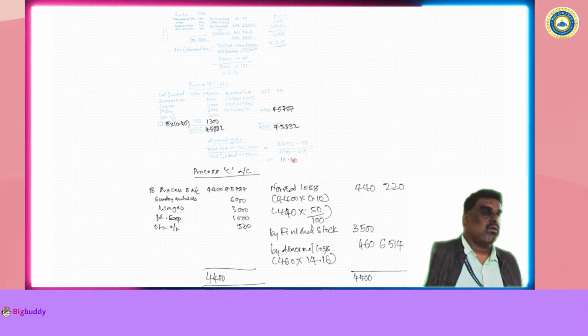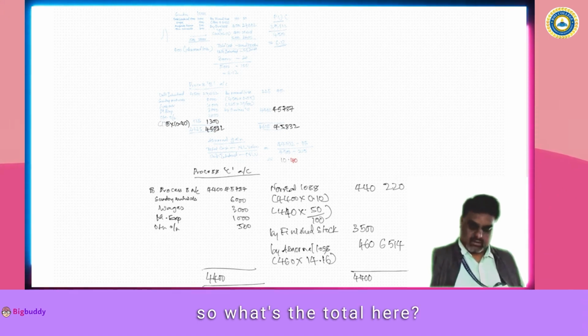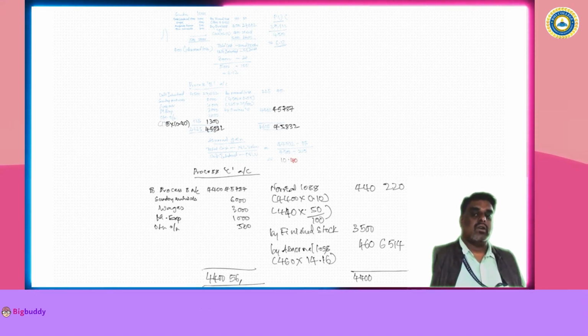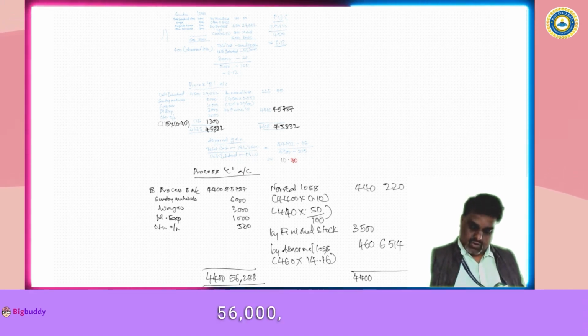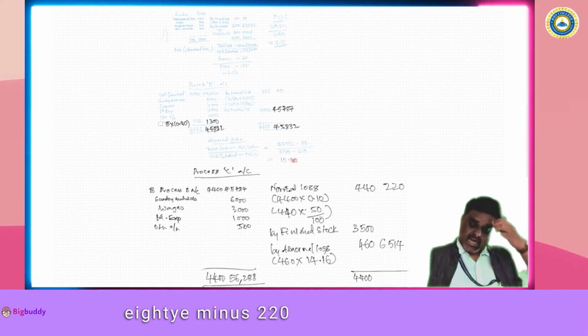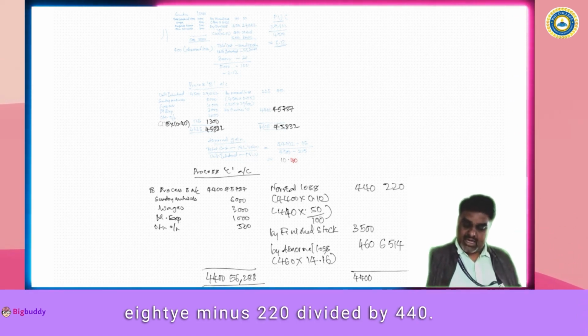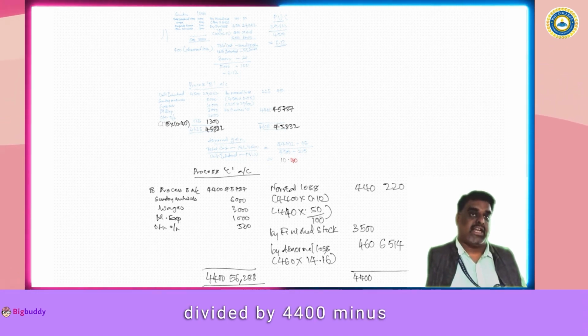So what's the total here? 56,288. 56,288 minus 220 divided by 4,400 minus 440.